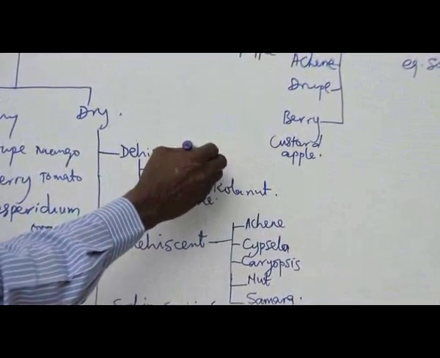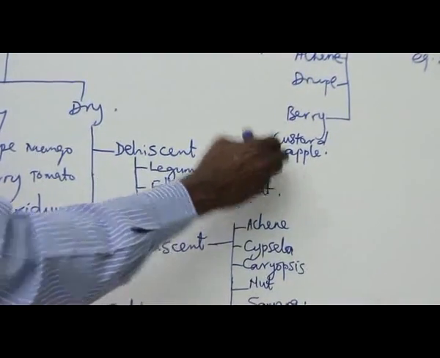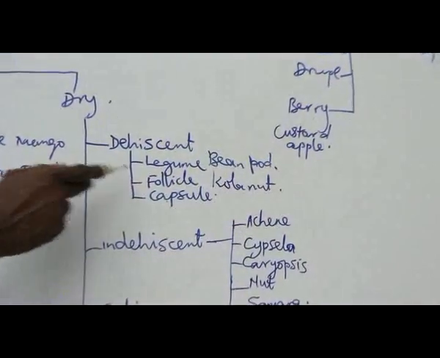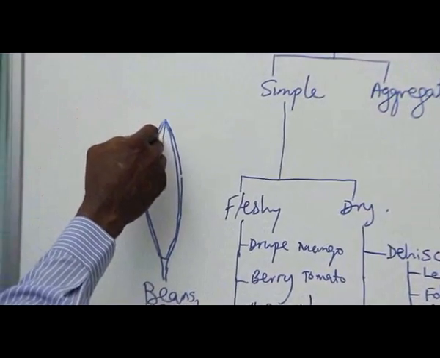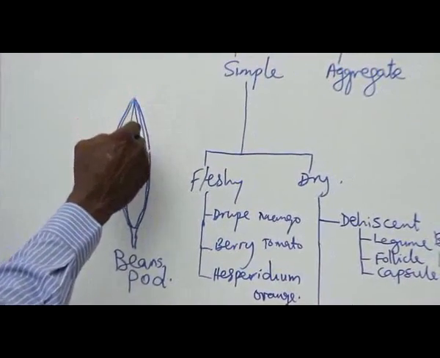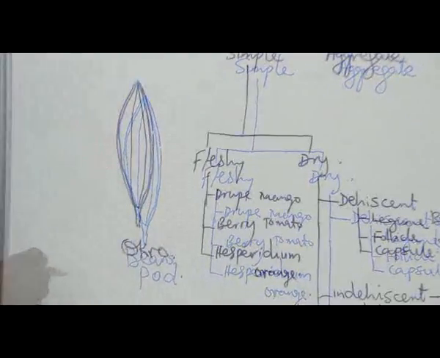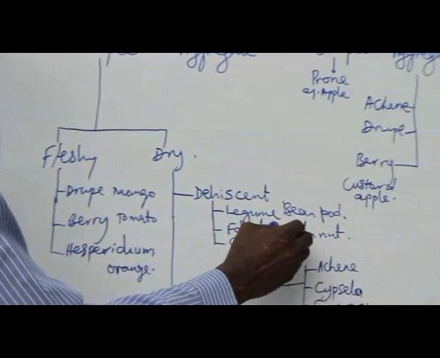Then we have capsule. Capsule has many edges for splitting, like this, as you find in okra. So okra is a capsule.